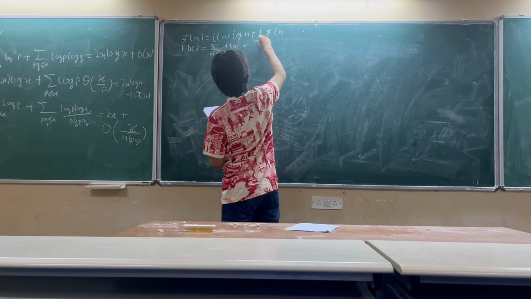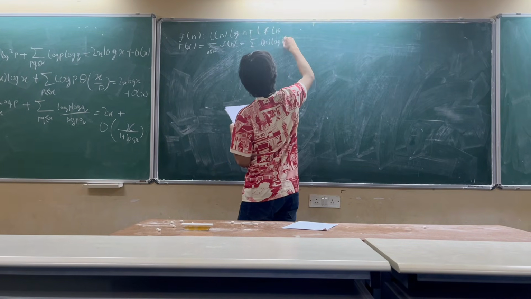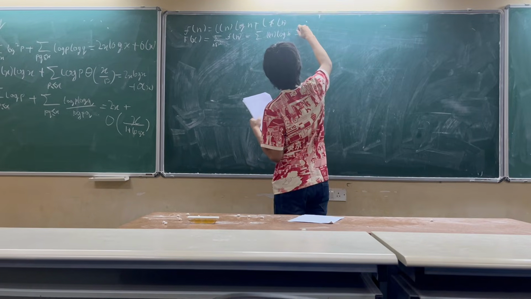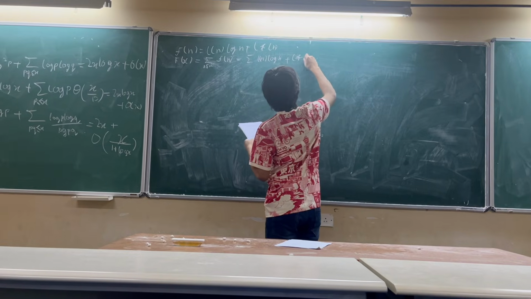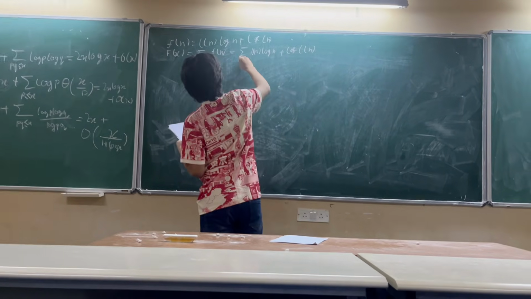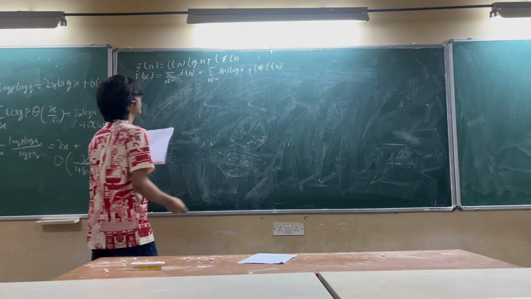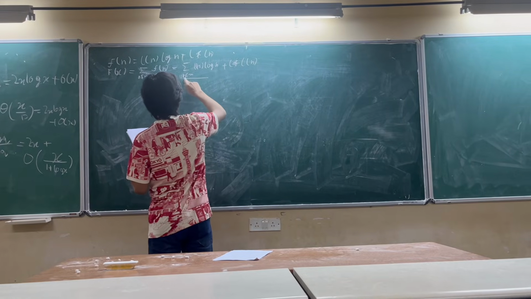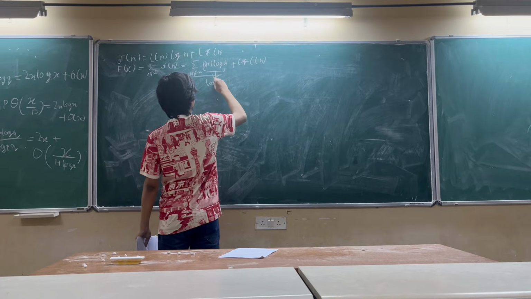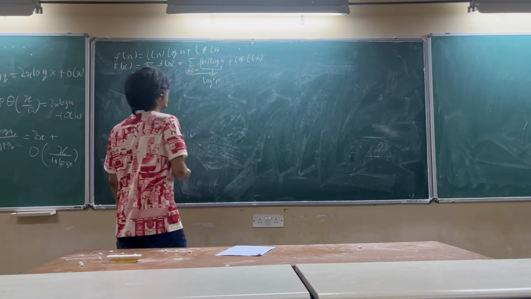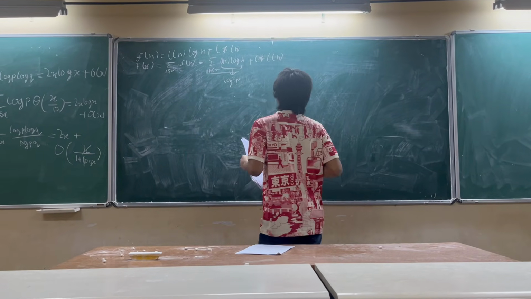Then you basically get the summation of l(n) log n plus l star l of n. Now, from here, you can see that for the first term, for any prime p, this term will be log squared p, and for any other natural number, it would be 0. And this particular term is a convolution.